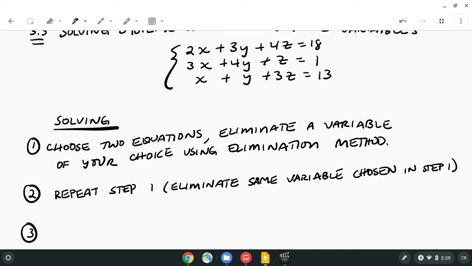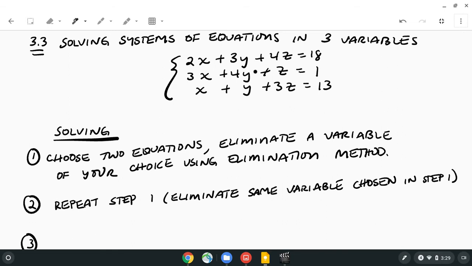So here we have three variables, and what we're doing by eliminating one of the variables is we're basically reducing this system into a system of two equations, which is what we learned in the previous sections, where you only had the x and the y. If you erase all of this and you only have these four, that's what we're essentially trying to do.